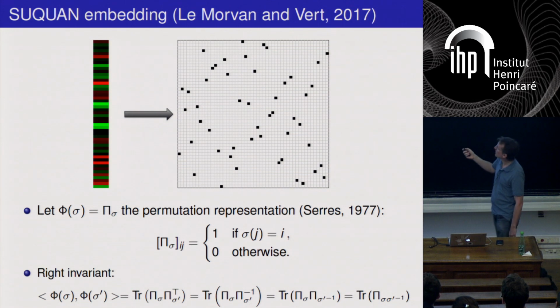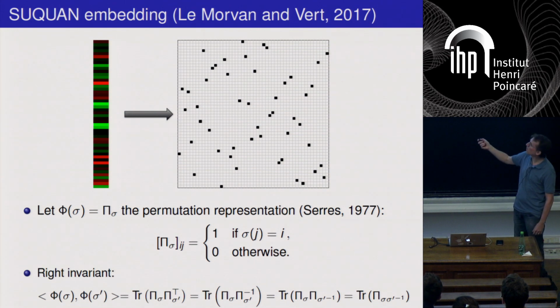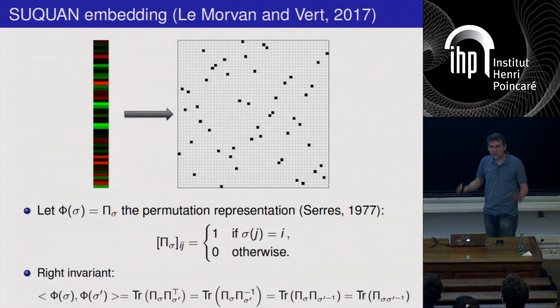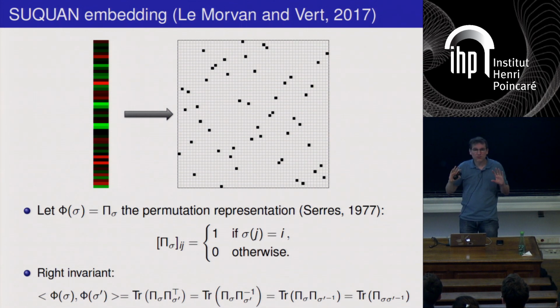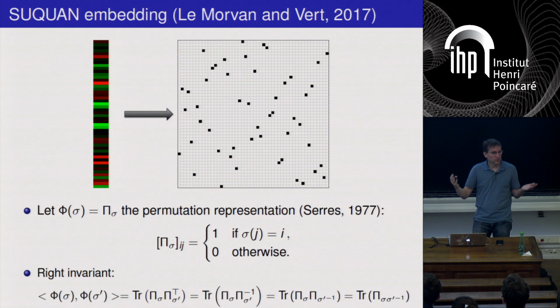Technically, we say that the ijth coordinate is 1 if and only if sigma of i is equal to j. This is the standard one; it's even called the permutation representation in mathematics, or sometimes the permutation matrix. It's just a way to encode the permutation in a square matrix.